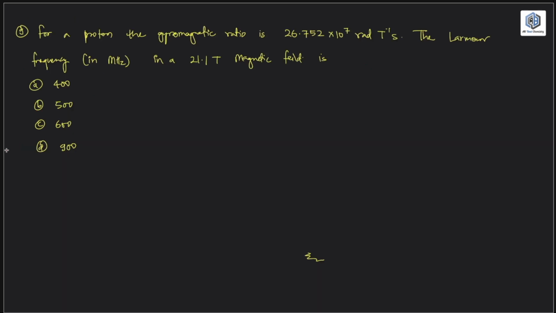Okay, let's take the next question. It says that for a proton, the gyromagnetic ratio is given to you, and this is gamma, 26.752 into 10 to the power 7 radian per Tesla second, and the Larmor frequency is being asked when the magnetic field is given to you as 21.1 Tesla.